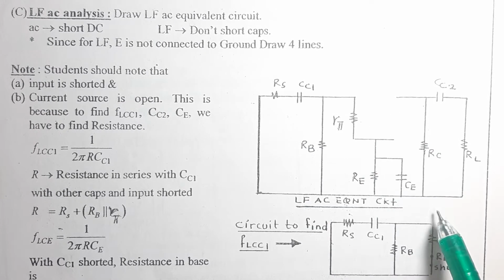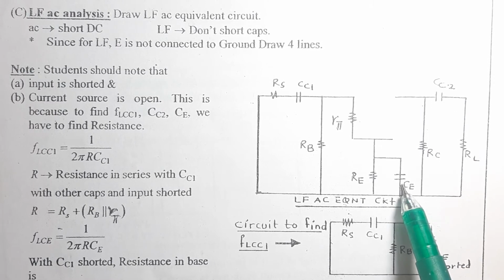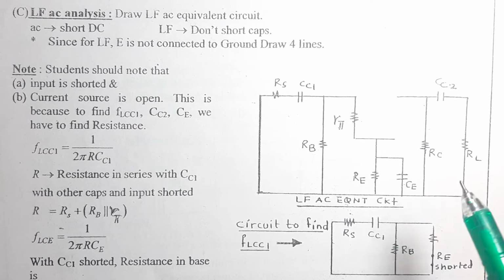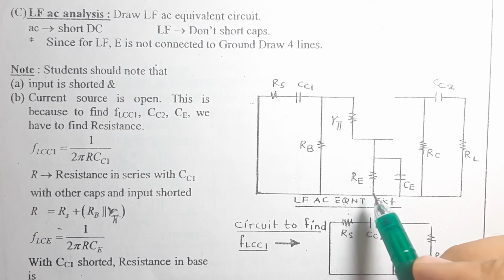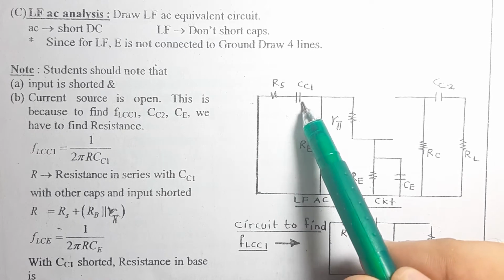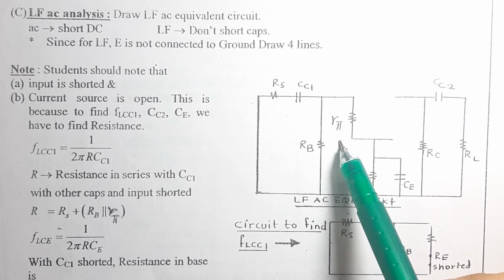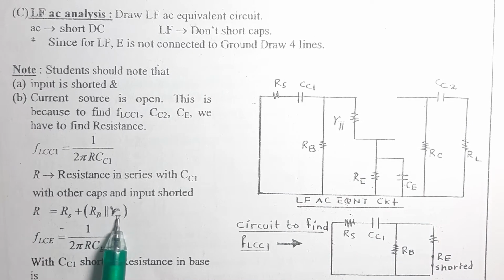So your CE is short circuited, hence your RE becomes redundant over here. Now if you start from one plate of the capacitor and come back to the other plate, the formula will be RS plus RB parallel R pi, which is written over here.